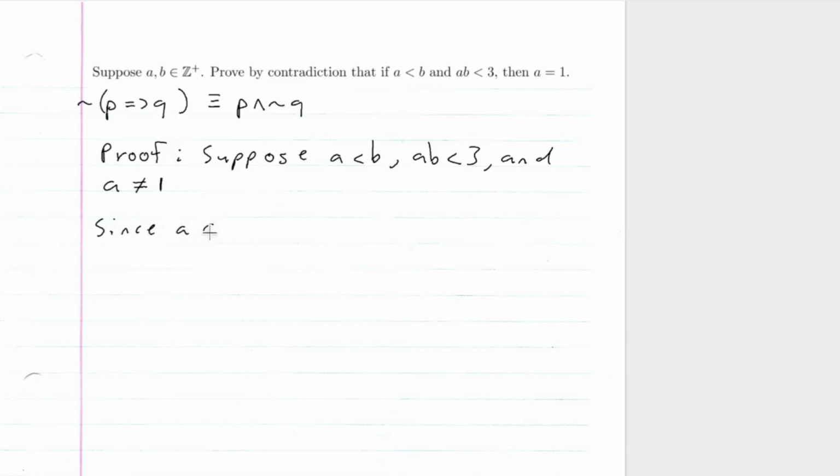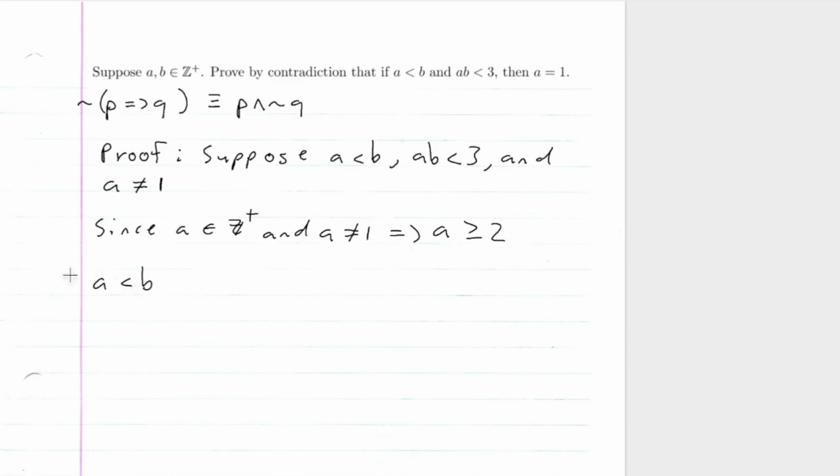Since a is a positive integer and a does not equal 1, this implies that a must be greater than or equal to 2. It is a positive integer that's greater than or equal to 2. Okay, so I know that a is less than b.